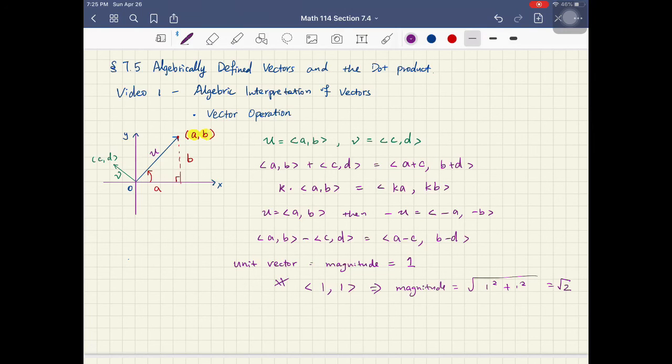So for this situation, for unit vectors, we have to calculate it. We cannot really see from a geometric view or just from the horizontal and vertical components whether I have a unit vector or not. We have to check it by using the magnitude formula.